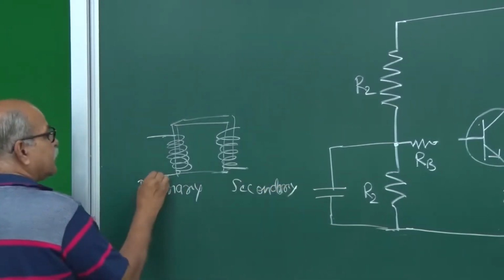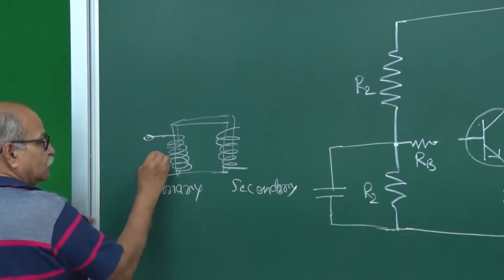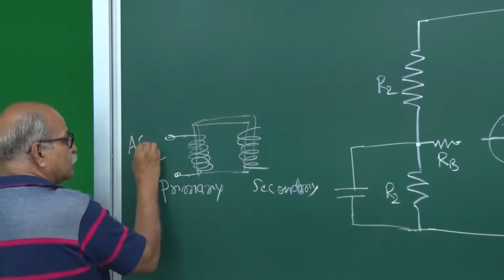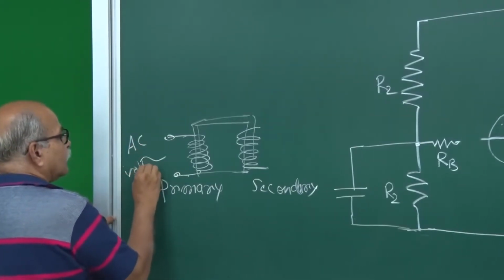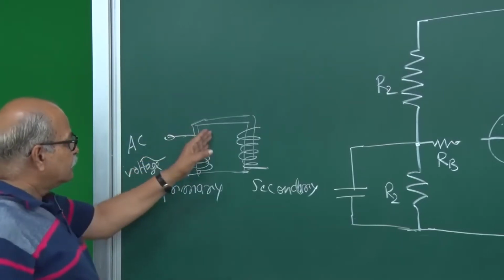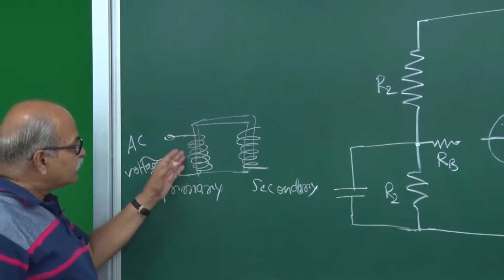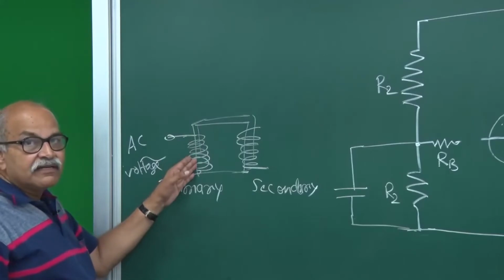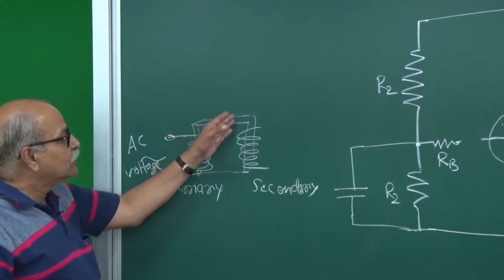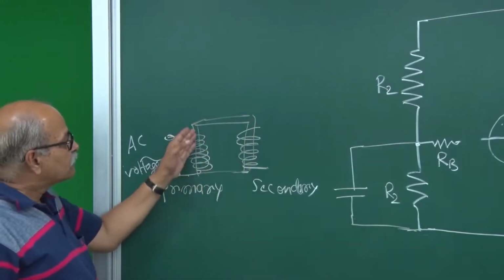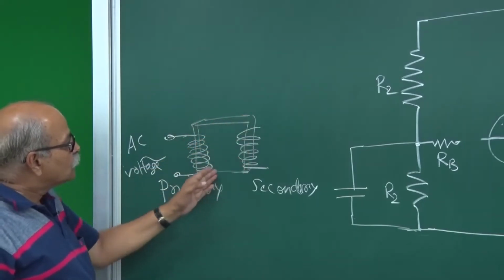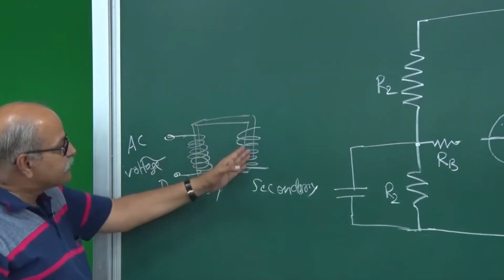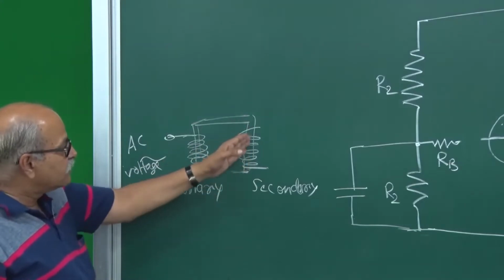Then on the primary side you supply some AC voltage, and this AC voltage drives current, and that current produces a magnetic field, and since it is through that same core, whatever soft iron or core, that magnetic field also reaches here, a flux is generated.